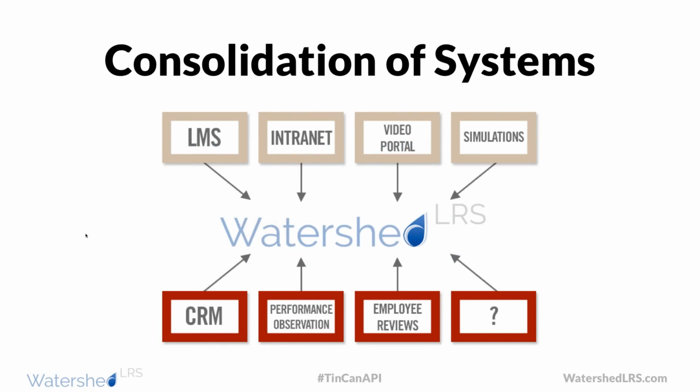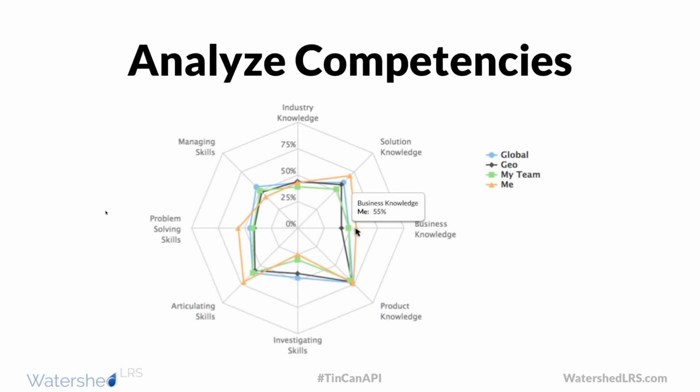A bunch of other people are using a learning record store and Tin Can to consolidate data from many, many different systems, be they traditional training systems like LMSs or intranets or video tools or simulations, or non-traditional learning systems where a lot of this performance data happens and where other non-traditional learning events might also be happening.